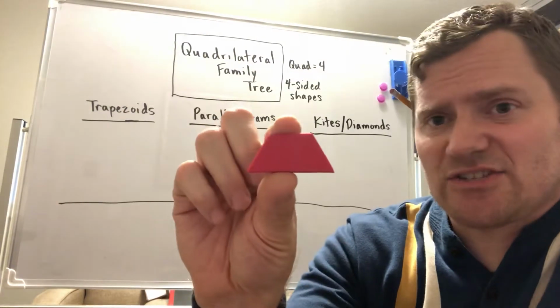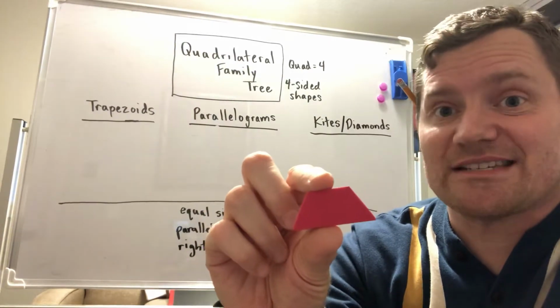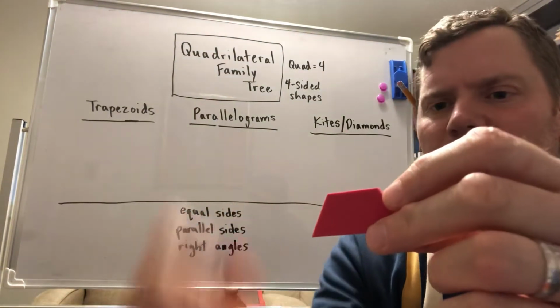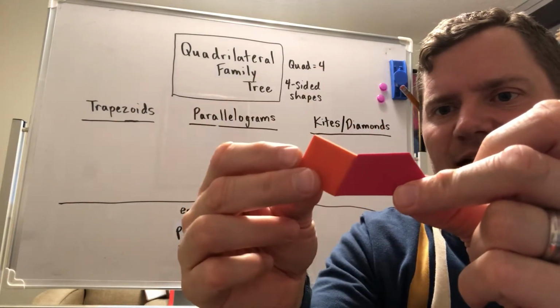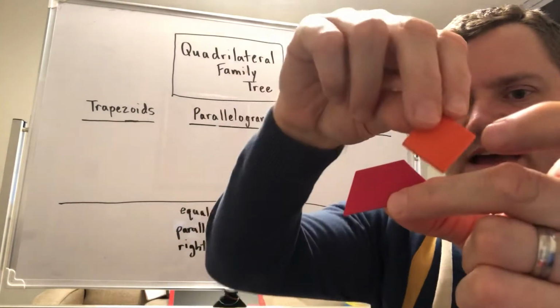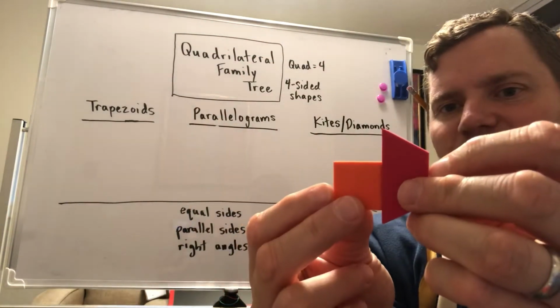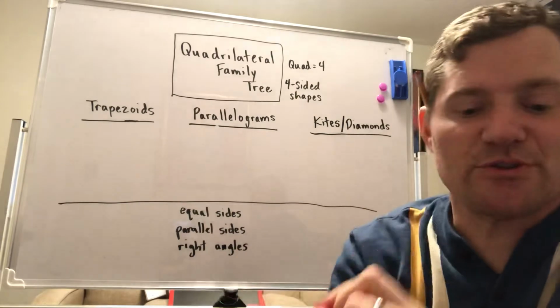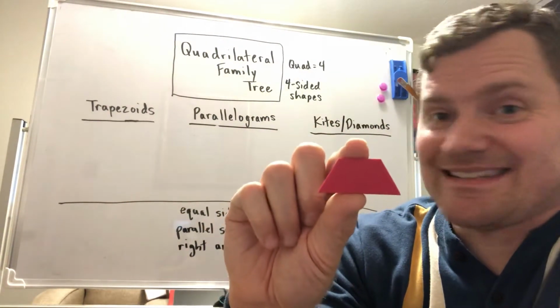If I look at this shape, I can see that 2 of these are not the same. In fact, 3 of them are the same and 1 of them's not. Is it? No. Yep. That one's the same as that and that. But if I measure that bottom one, I can see those aren't the same. So those are not equal sides. This is a shape that has 3 equal sides and 1 that is not equal.